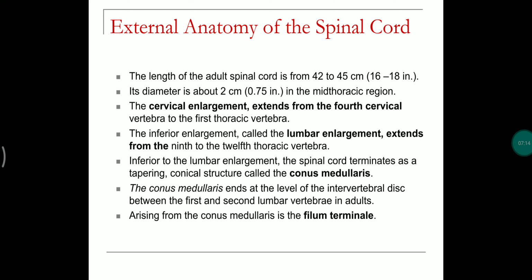We call it the filum terminale. The filum terminale is the sacral part of the nerves which moves out of the spinal cord and enters into the lower parts of our body.